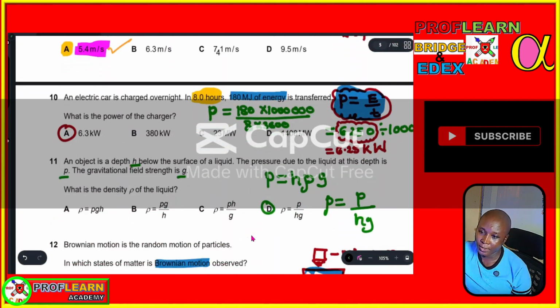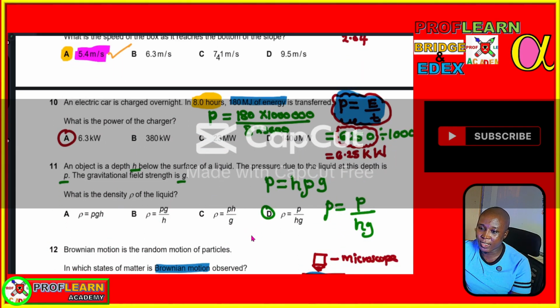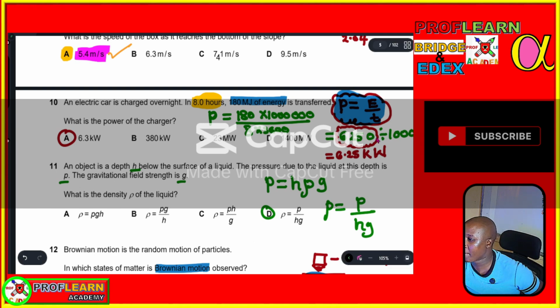In question number 10, we are told an electric car is charged overnight in 8.0 hours. 180 megajoules of energy is transferred. So we need to remember the formula that power is equal to energy over time. What is the power of the charger? Power must be in watts, but energy should be in joules.